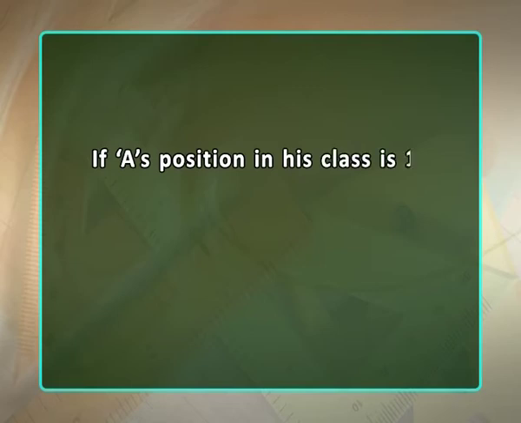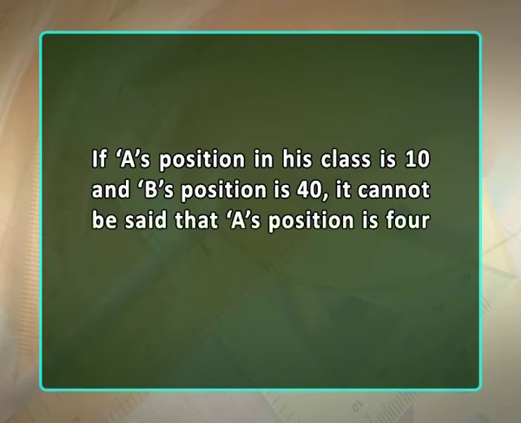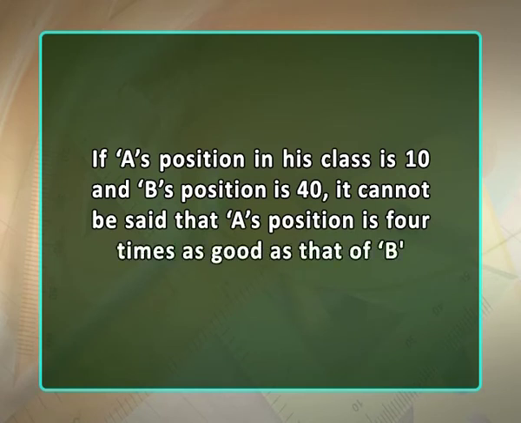One has to be very careful in making statements about scores based on ordinal scales. For instance, if A's position in his class is 10 and B's position is 40, it cannot be said that A's position is 4 times as good as that of B. The statement would make no sense at all. Ordinal scales only permit the ranking of items from highest to lowest.